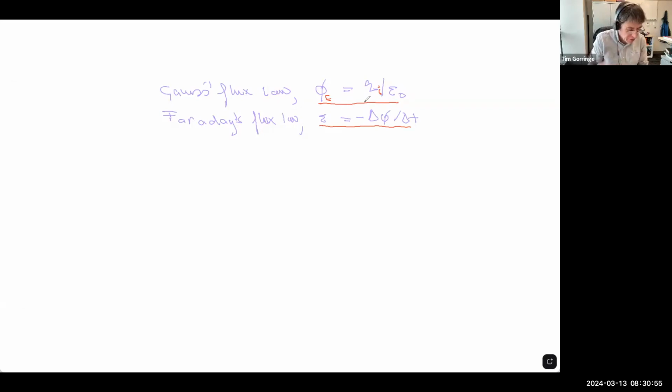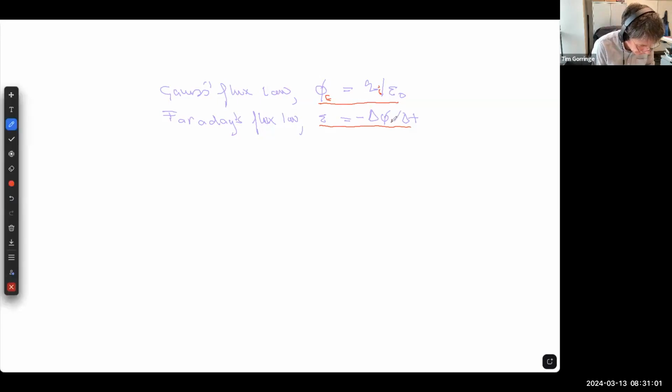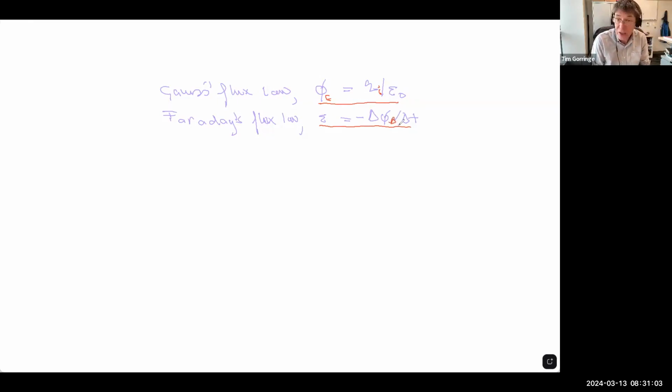So in Faraday's flux law, over here on the left-hand side, we've got the magnetic flux, and we've actually got the negative rate of change of the magnetic flux. And then over here on the right-hand side, we've got the induced EMF that will be associated with an induced current around the electrical circuit.